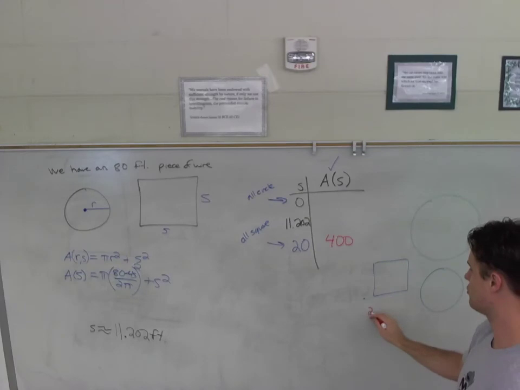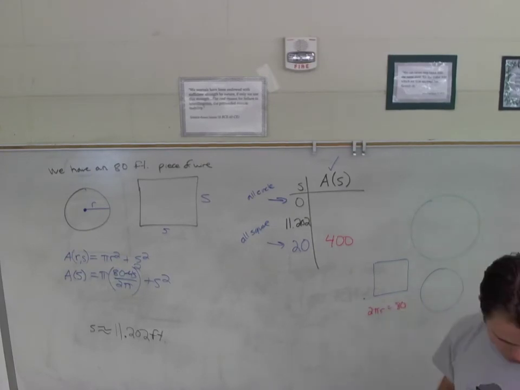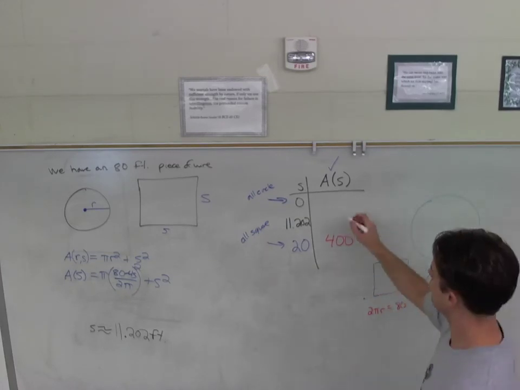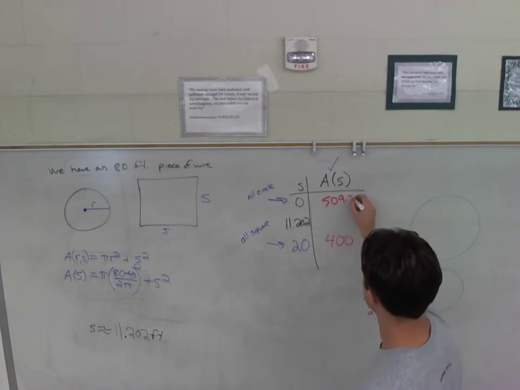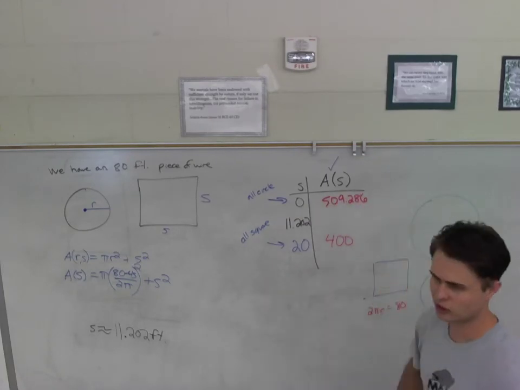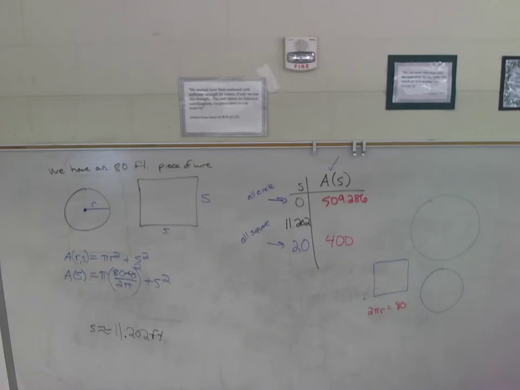We could go 2 pi r plus 80,000... 2,000? 509. Or 286. That's what I have. That one. Couple ways you can do that though.